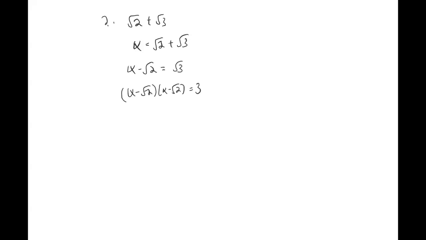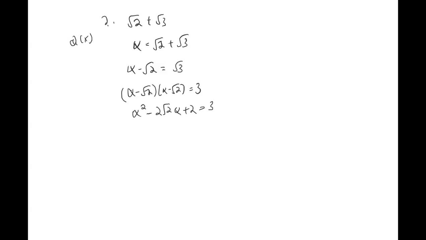So now alpha squared minus 2 root 2 alpha plus 2 is 3. Tell me if I made an algebra error, by the way. This still isn't in Q. I'm getting rid of the square roots because I want to be in Q[x].